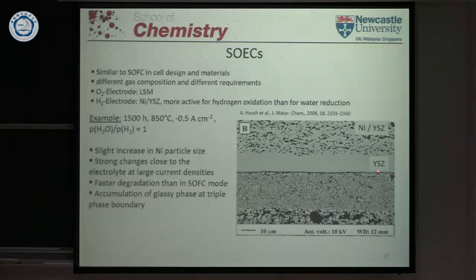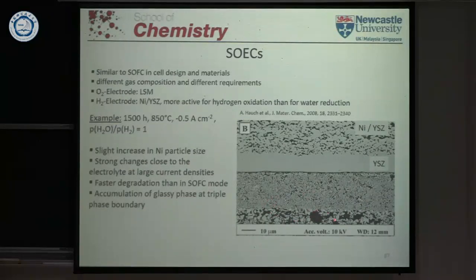But this is a cross-section typically for an SOFC. You have the electrolyte, that's yttrium stabilized zirconia, and then on the negative side you have nickel that's mixed with yttrium stabilized zirconia, and on the positive side you can use lanthanum strontium manganate or other materials as the positive electrode.